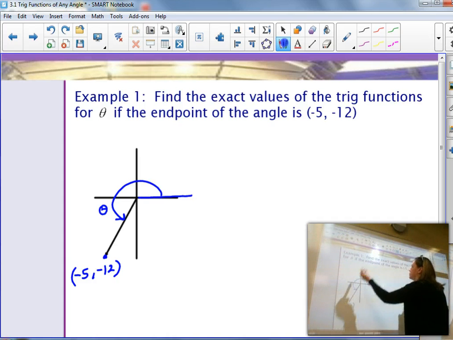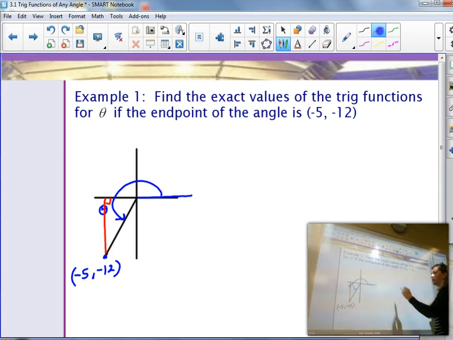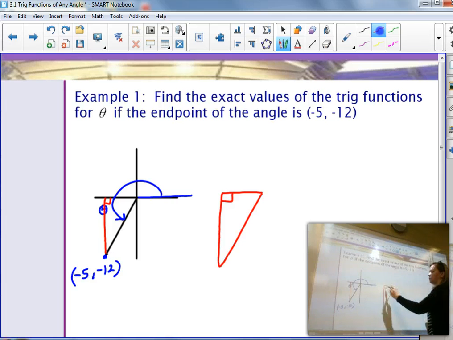So if I want to find the sine, cosine, and tangent of theta, then what I need to do is look at that little right triangle right there. What's the length of this side right here? -5. And what's the length of this side? -12. Good.